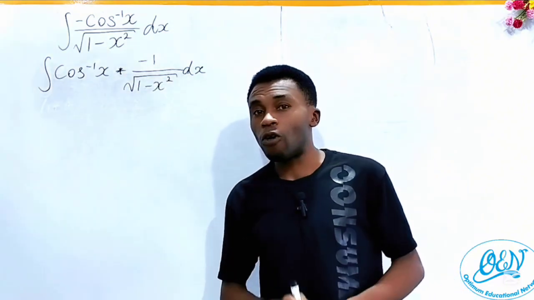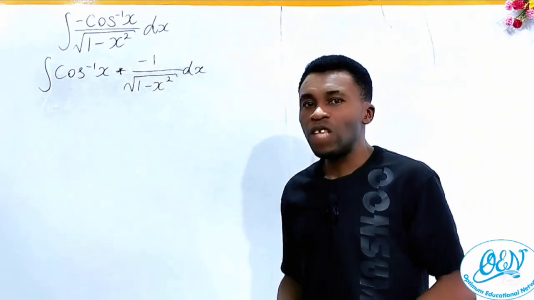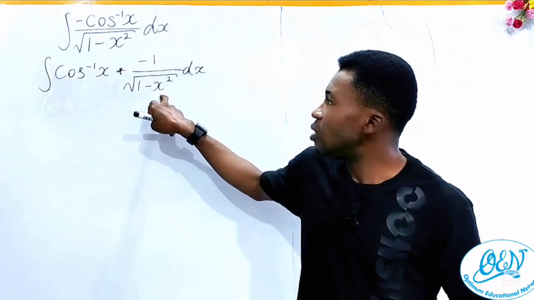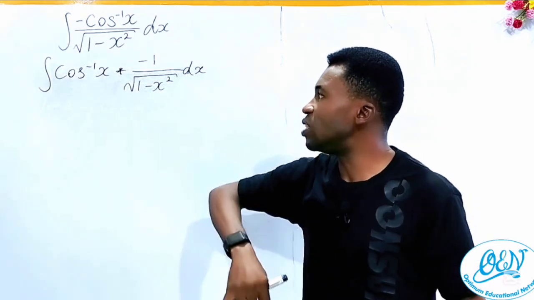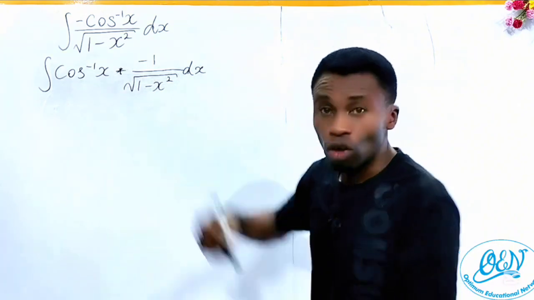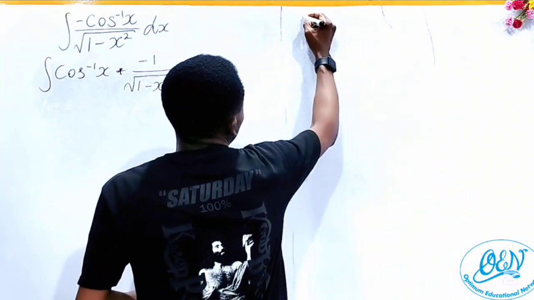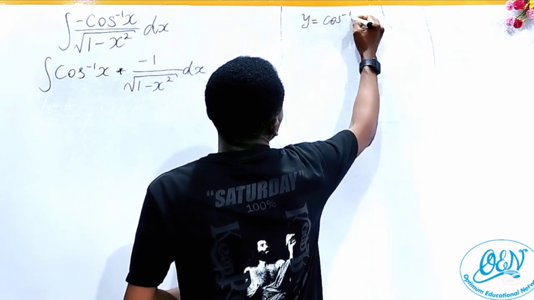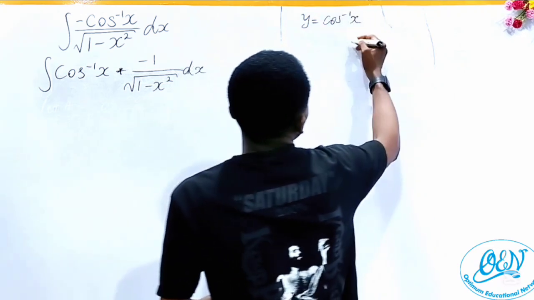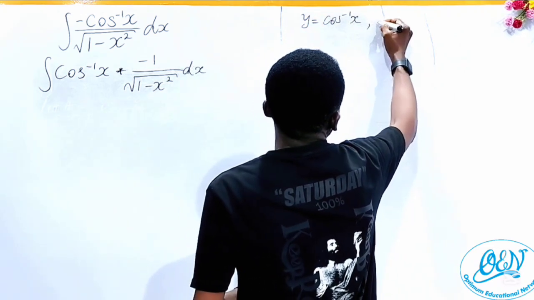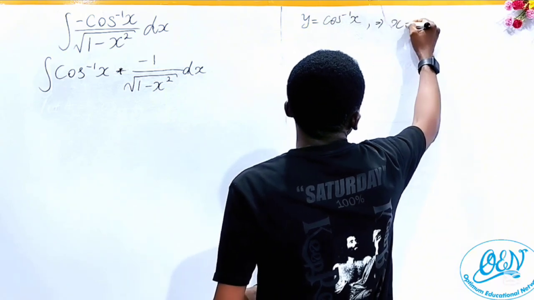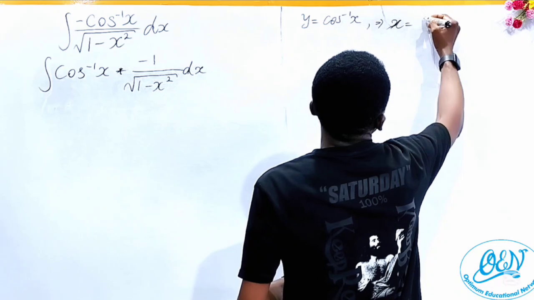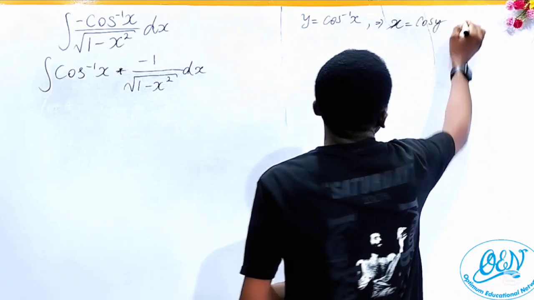If you still remember your standard derivatives for inverse trigonometric functions, you know that this is the derivative of this. Because if you have the function y equal to cos inverse of x, what this means is that x itself will be equal to cos y.